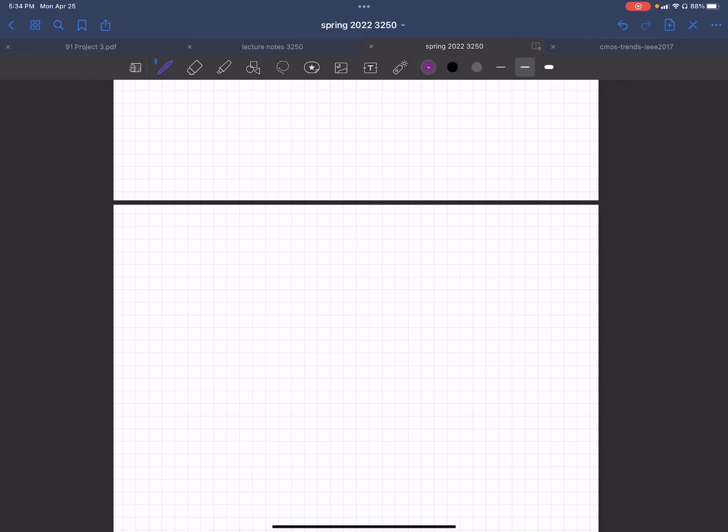Okay, so let me state Ampere's law. Say you have a bunch of currents, some going into the screen, some coming out of the screen.